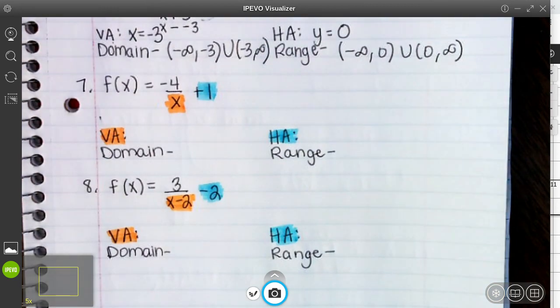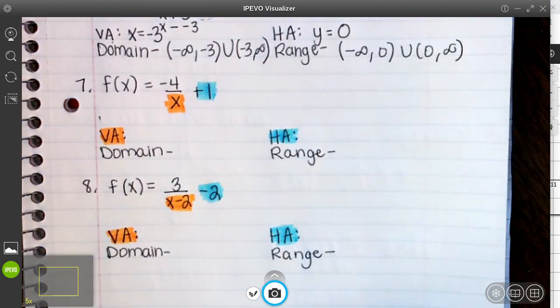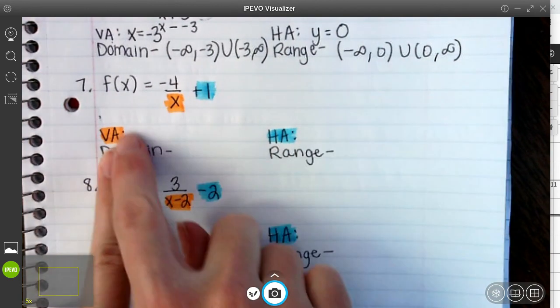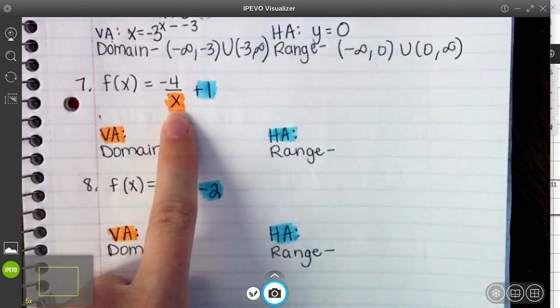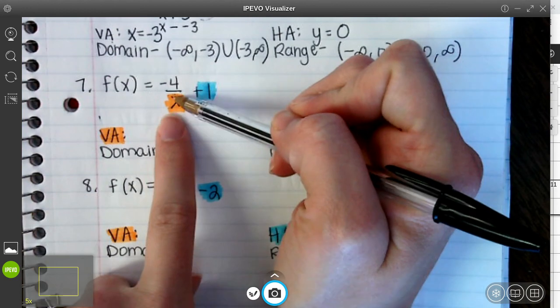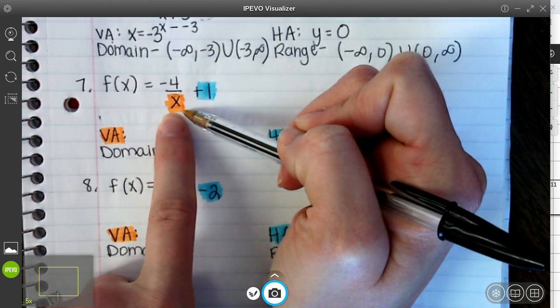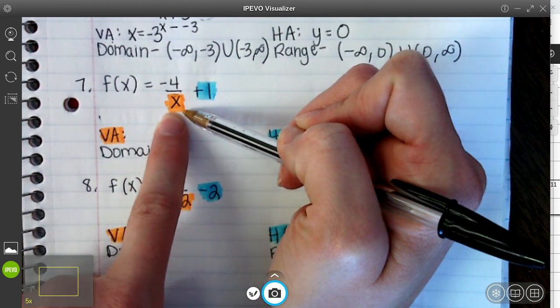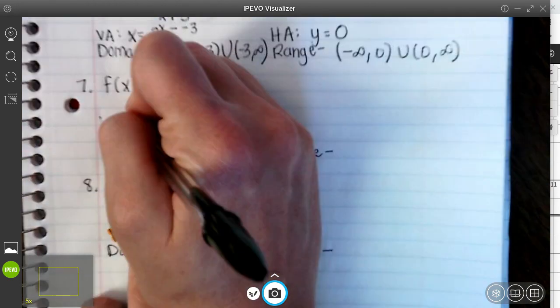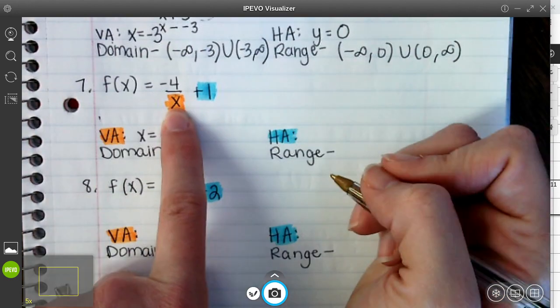All right, so just to finish up here, for the vertical asymptote on number 7, you're looking in the denominator, and you need to think, what number would x be to make it 0? It would be 0, right? Because that's what our vertical asymptote is. It's whatever makes the denominator 0.